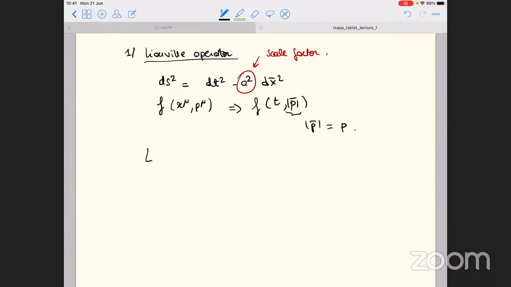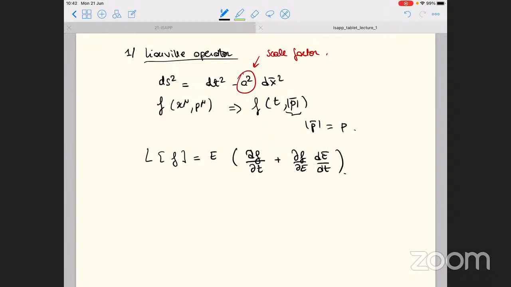Okay, so the Liouville operator of the distribution function in this setup, where I assume that my universe is homogeneous and isotropic, can just be rewritten as E times the partial derivative of f with respect to time, plus df over dE times dE over dt.